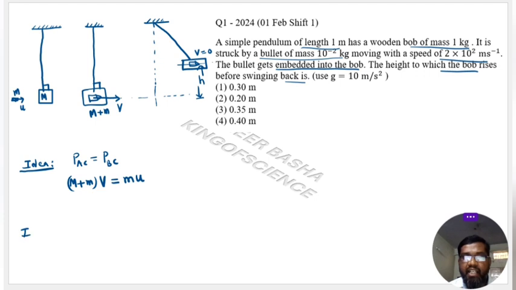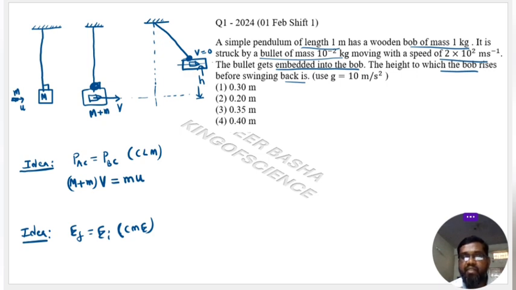Then what is the second idea here? From this instant to this instant, I can apply the conservation of mechanical energy. This was conservation of linear momentum, remember. Now I apply conservation of mechanical energy. The final energy is equal to the initial energy.